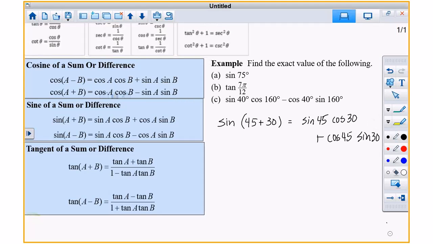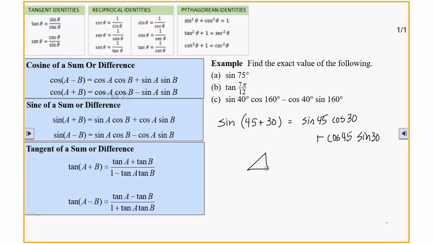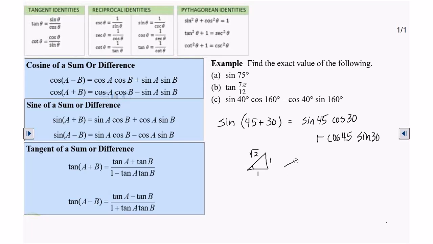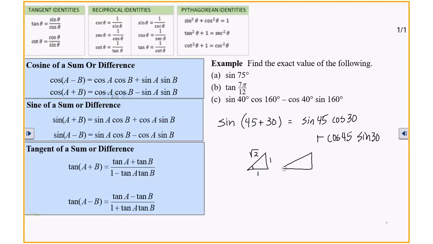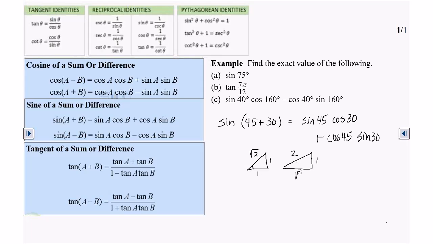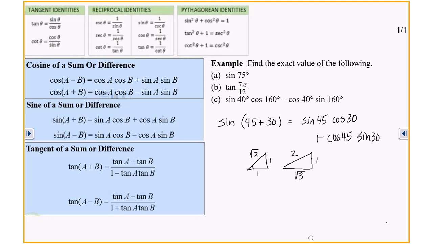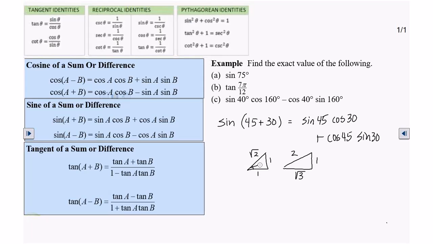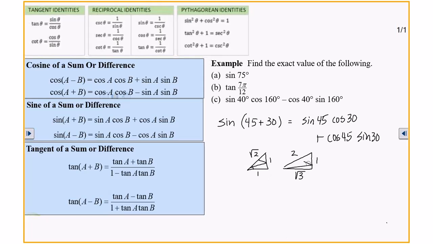So, sine of 45, there's 45. 1 over the square root of 2, and 30, 1 over the square root of 2, square root of 3, and 2. Okay? All right, so sine of 45 is 1 over the square root of 2.